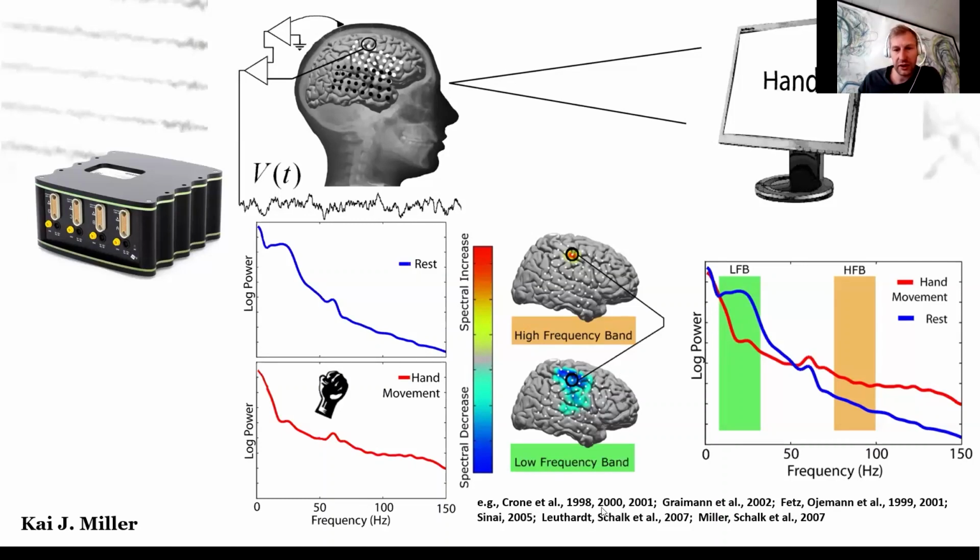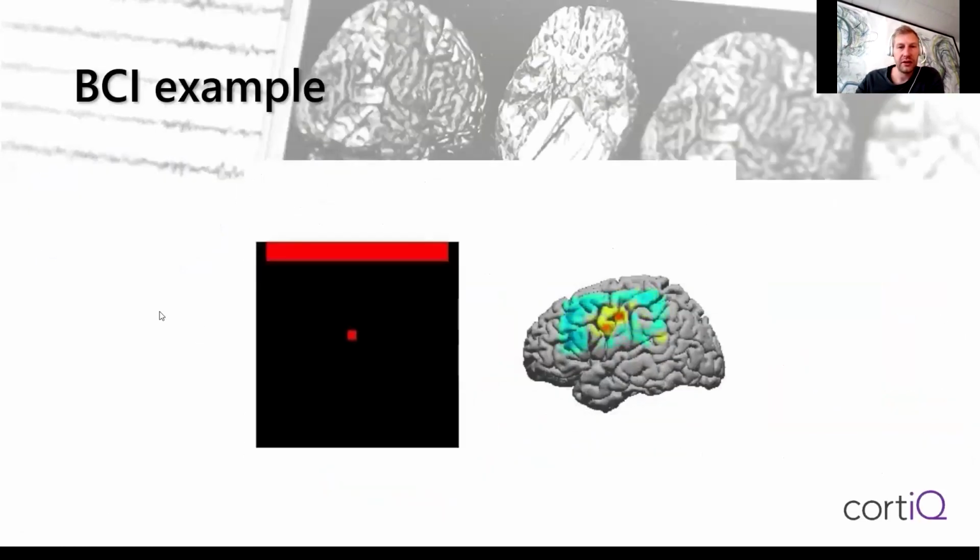And this phenomenon is now known for more than 25 years. So Nathan Crone showed this phenomenon in a study in 1998. And since then, many groups tried to utilize this broadband activation as a biomarker also for brain-computer interfaces.